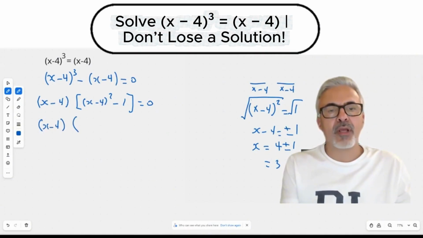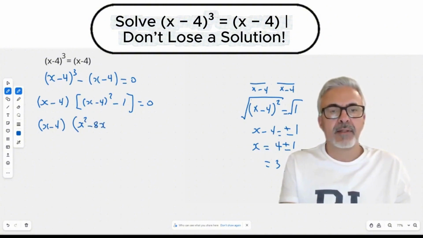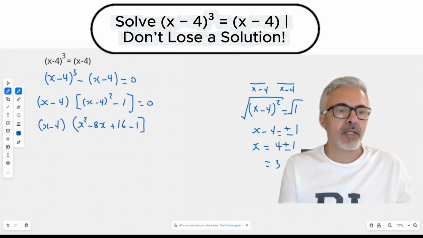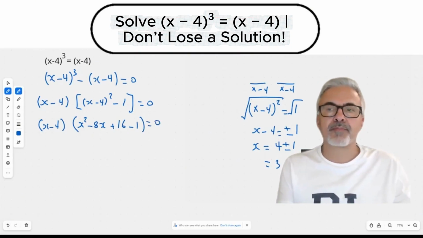And here I'm going to FOIL this, or just take a shortcut by going x squared, that's x squared. Then 2 times x times negative 4, that's minus 8x. And then negative 4 squared is plus 16. Then we have the minus 1. Let's keep it as a round bracket, equals 0.